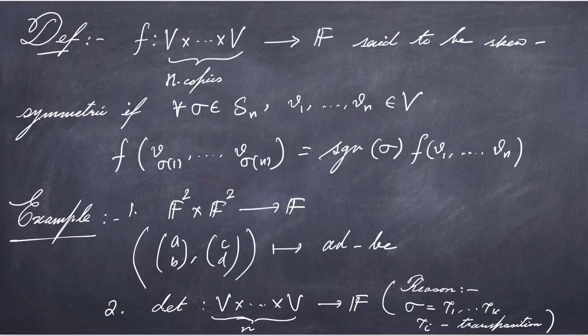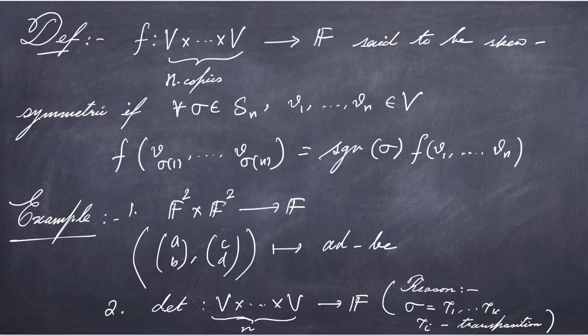Try to understand, since this is a function defined over the Cartesian product, whenever we have n vectors, we can arrange those vectors in a way, and then for that tuple we look at the value of f at that tuple.